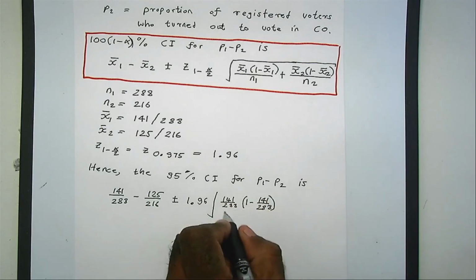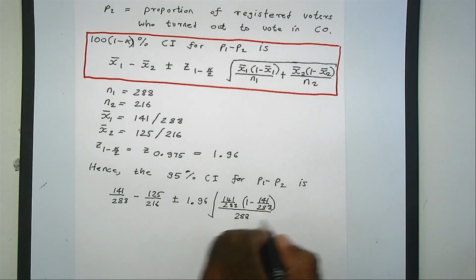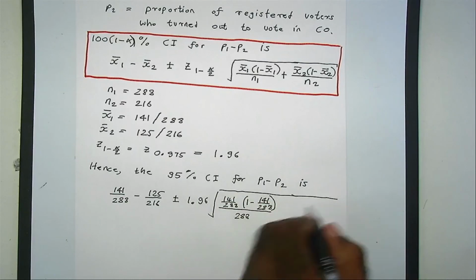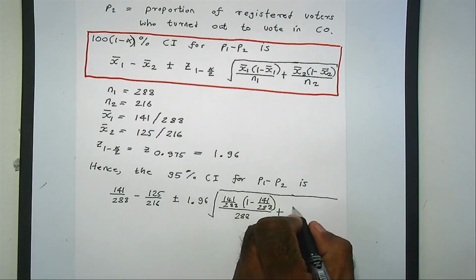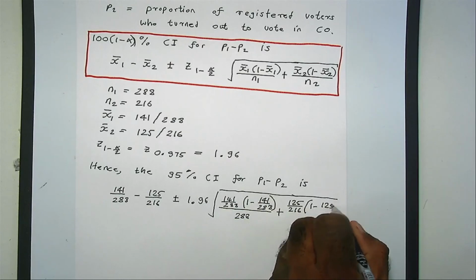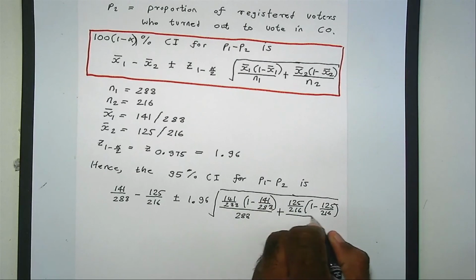Divided by N1, which is 288, then 125 divided by 216, 1 minus that, divided by 216.